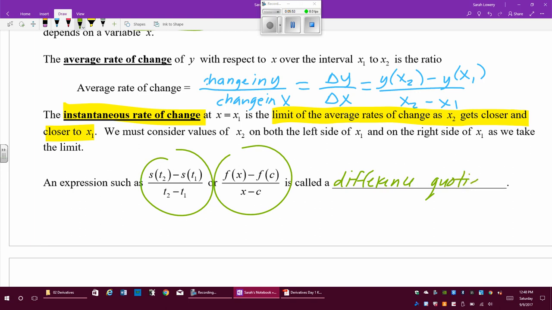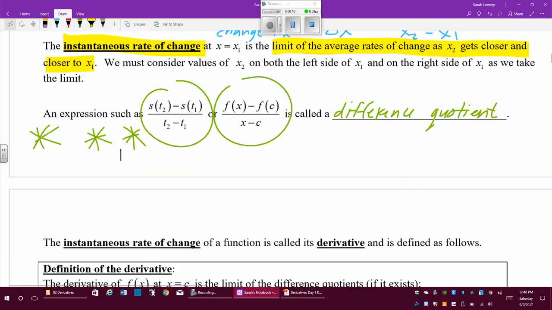And it's super important that you know that on the AP exam, whenever you're finding a rate of change, you must show that you have used a difference quotient. You can't do that on a calculator and just put your answer. They want to see you set up a difference quotient, okay?